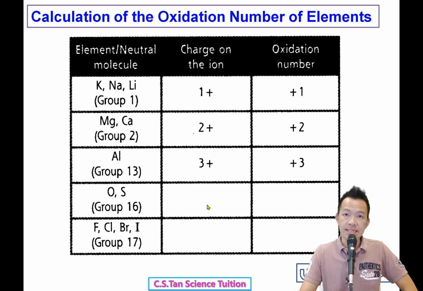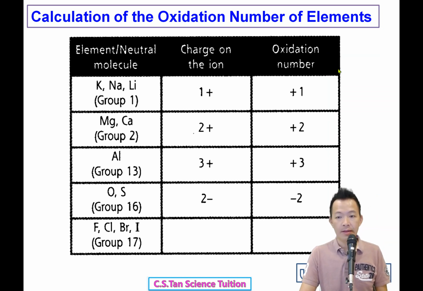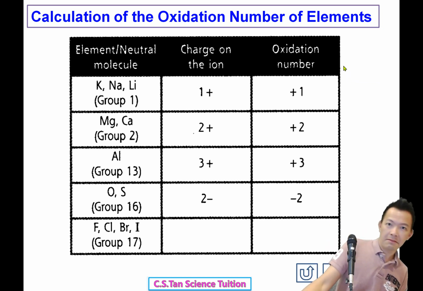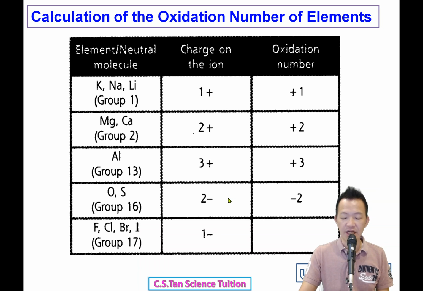So their ion charge is negative, okay, so the oxidation number is negative 2. 它的 oxidation number 就是 negative 2 了，OK，有跟到你吗？OK。Or fluoride, chloride, fluorine, chlorine, bromine, iodine. When they become ion, they'll become fluoride, chloride, bromide, iodide, and all of them charge 1 negative.